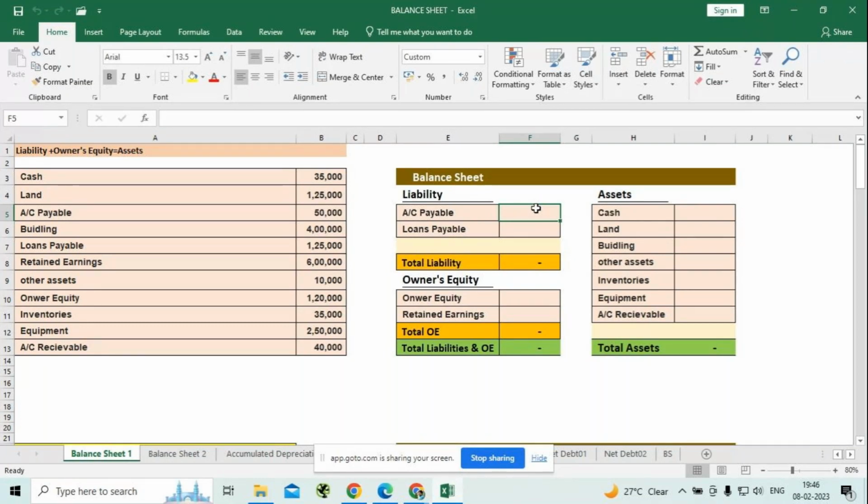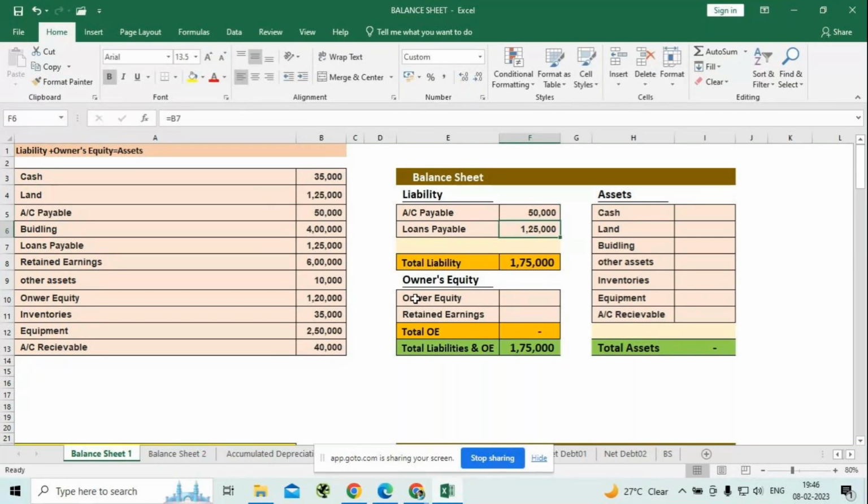So now we have the ready-made values over there. So accounts payable value, we have it as 50,000. Then loans payable amount is 1 lakh 25,000. So otherwise I can try to connect it from this cell itself, so that it will be easy for me to get the values.